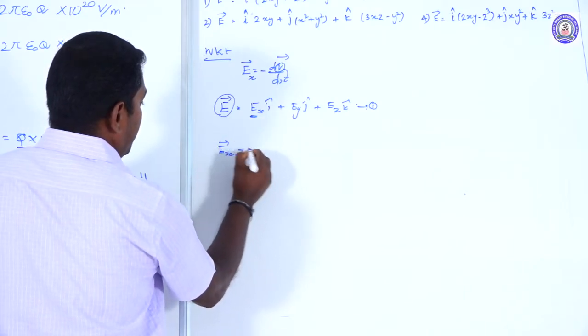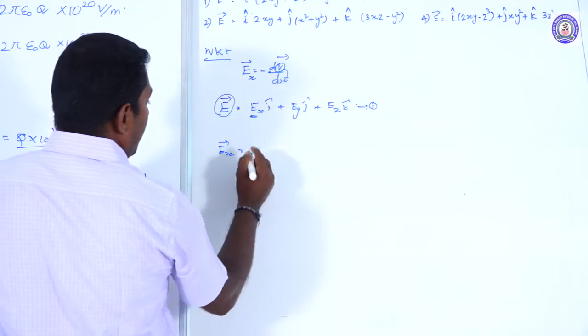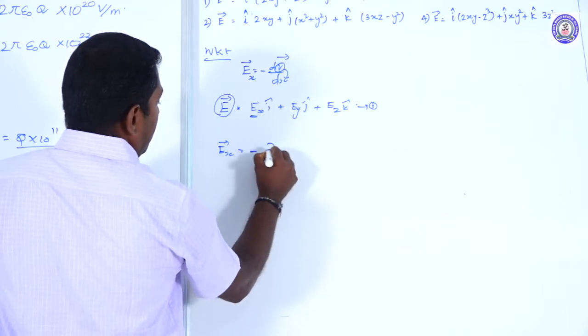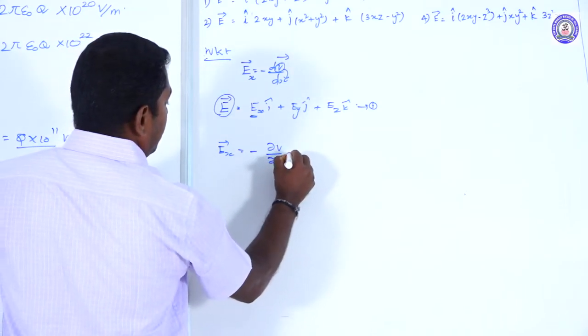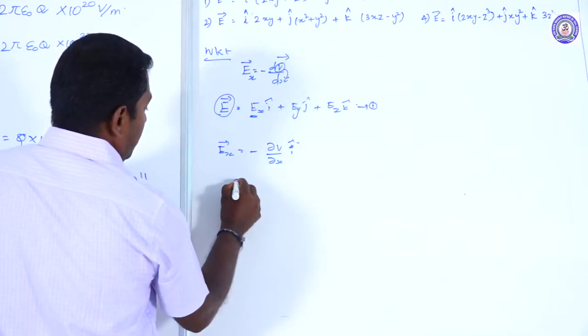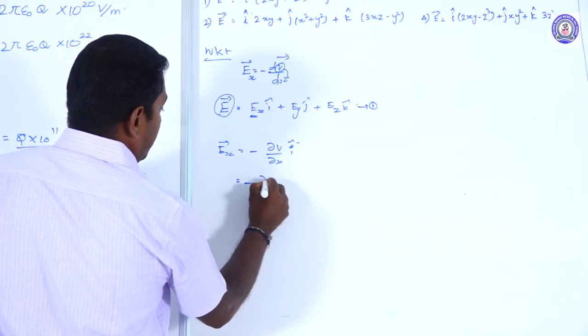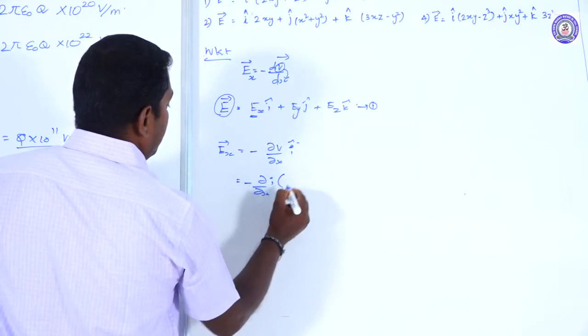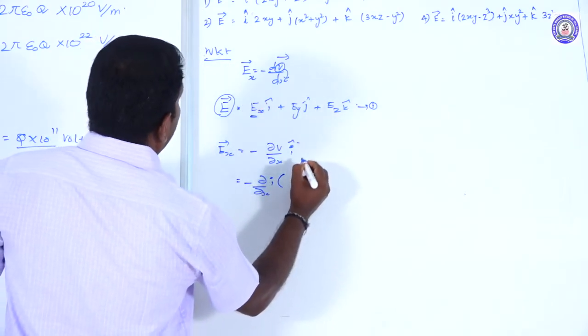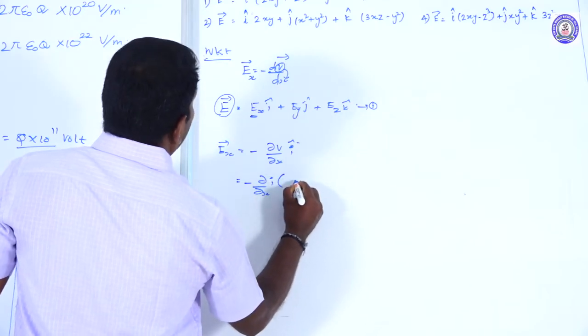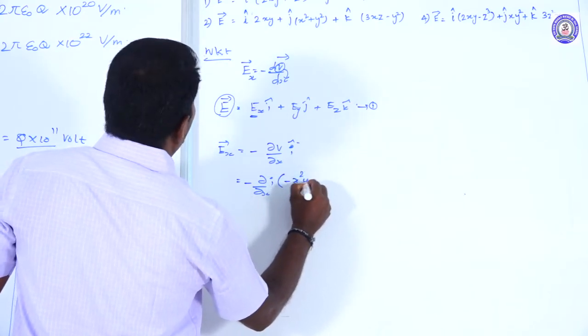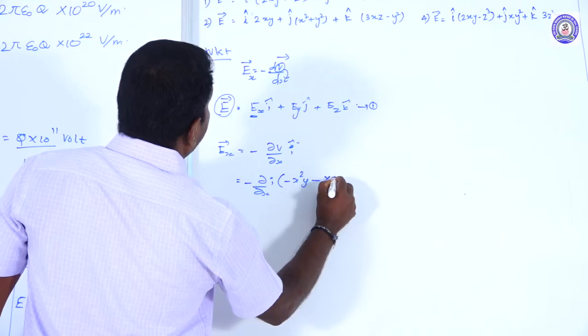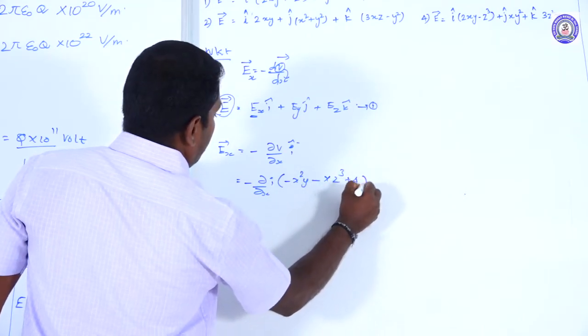Ex vector, which is equal to minus dou V divided by dou x i cap. So which is equal to minus dou divided by dou x i cap, V value minus x square y minus x z cube plus 4.